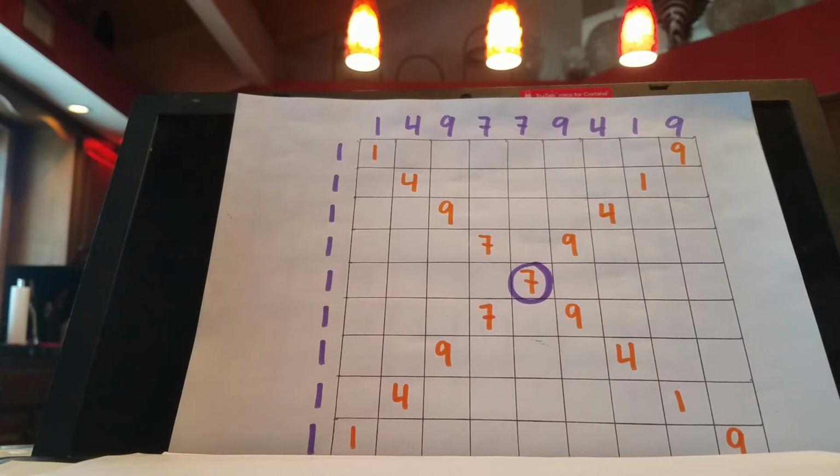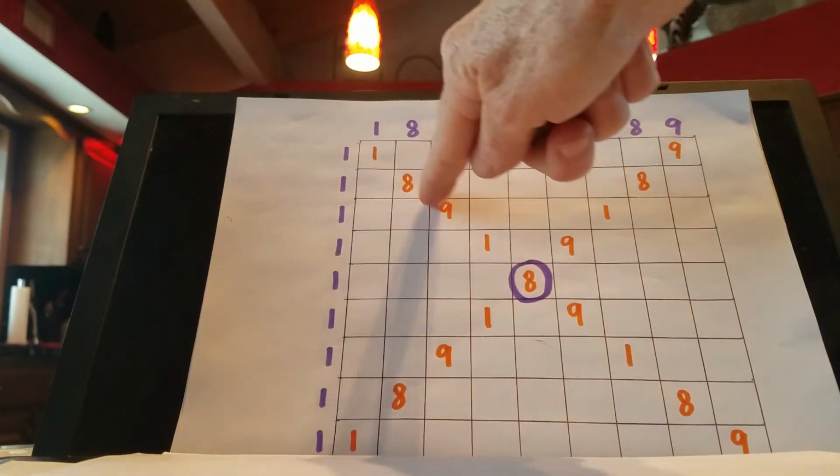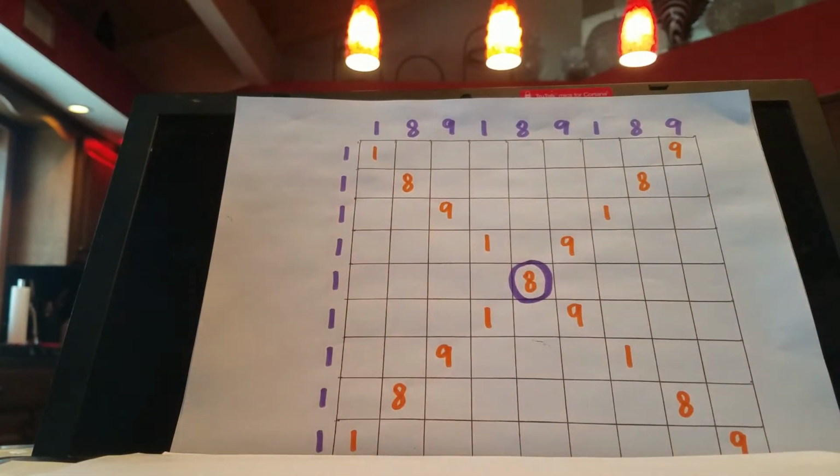For instance, okay, so let me see how I have that. Okay, so we have the 149s. This is how we get the 189s, 189, 189.